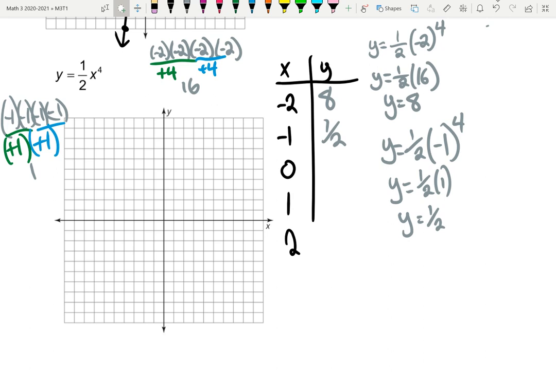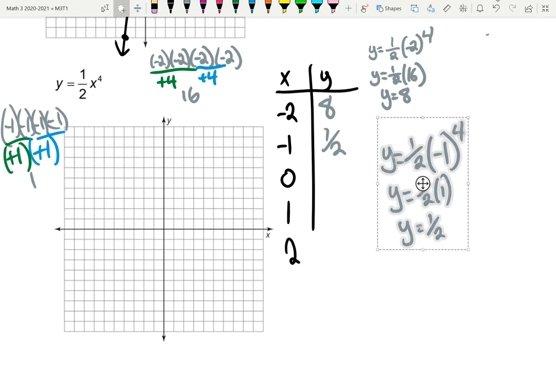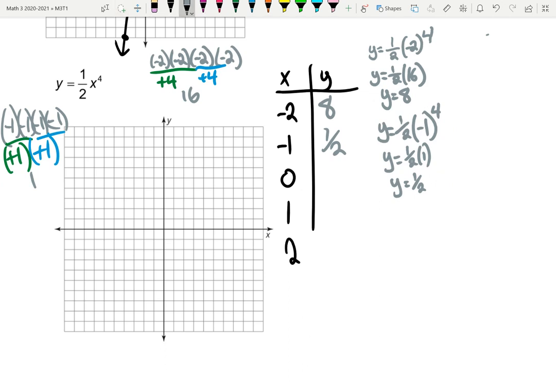So I plugged in my -2. I'm going to plug in my 0 now. Y is equal to 1/2 of 0 to the 4th power. That's going to turn into just 0 times 0 times 0. It's going to leave me with 0.